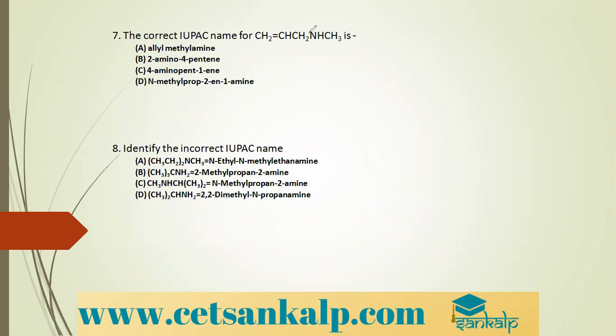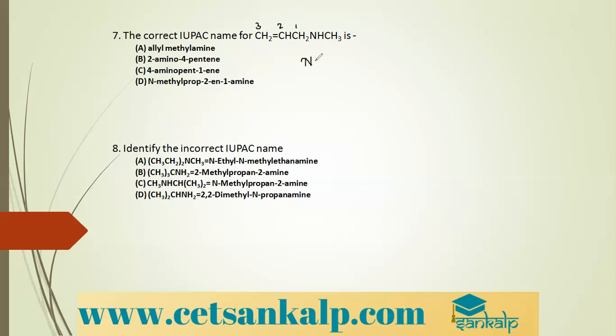Here there is a methyl group on one side as a substituent, and the other side has 3 carbons, so I'll start numbering from here: 1, 2, and 3. How do you write the name? This group is attached to nitrogen, and this methyl group is attached to nitrogen. The 3-carbon group starts with P and the methyl starts with M, so I'll write M first.